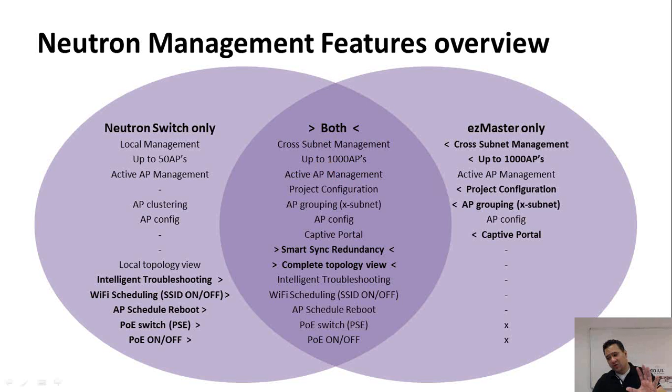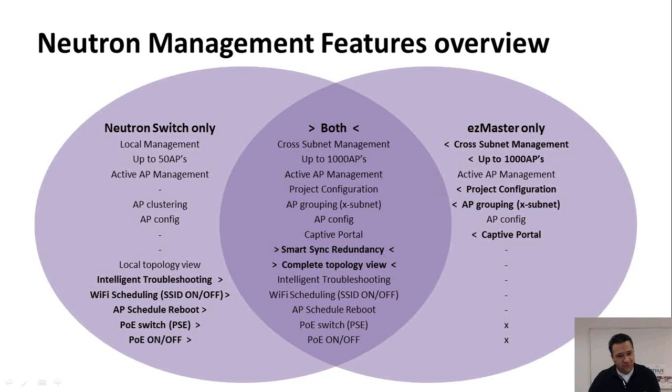The difference when you use ezMaster is that the division and the organization of the setup of the access points and the locations is done by AP grouping instead of AP clustering. But on top of the AP grouping, you also have project configuration. And of course, because you use both the switch and the ezMaster, all the functions that come from the switch are also included in the whole setup.